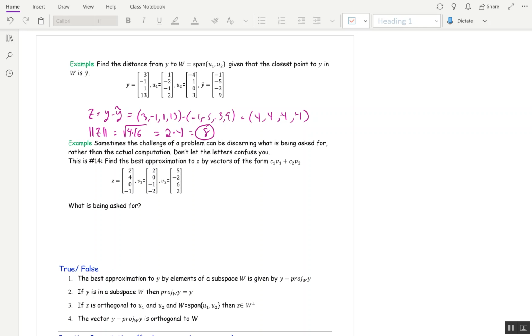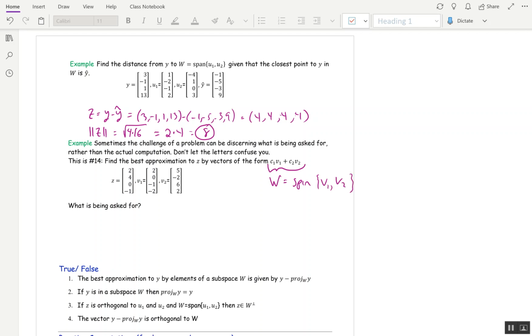Okay, and last computation problem. This is a problem from your homework, and they're trying to confuse you with the way they have the vectors labeled. So this problem says find the best approximation to z by vectors of the form c1 v1 plus c2 v2. So what's happening here is vectors like this live in W, where W is the span of v1 and v2.